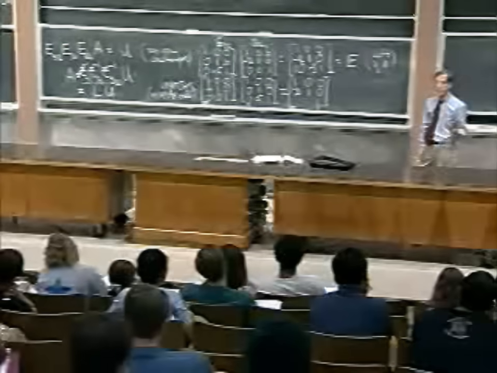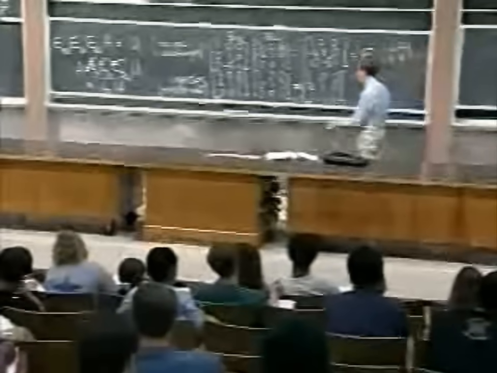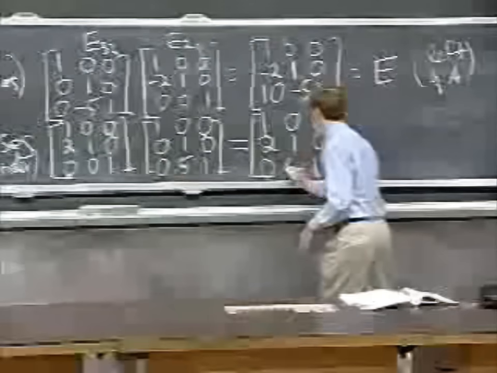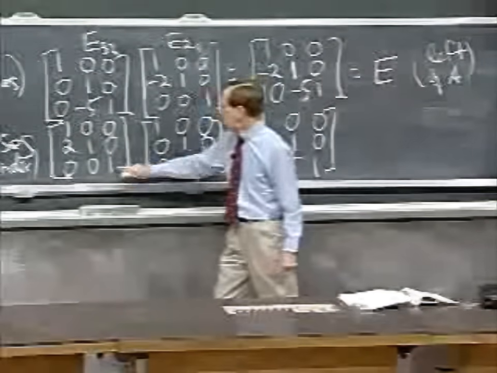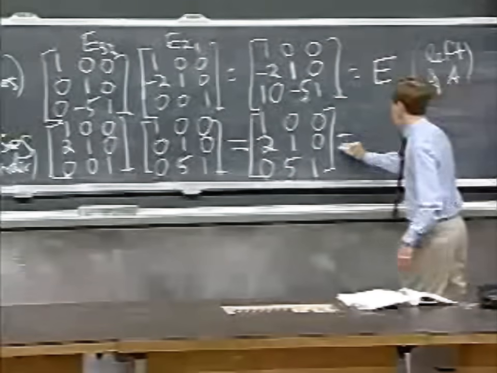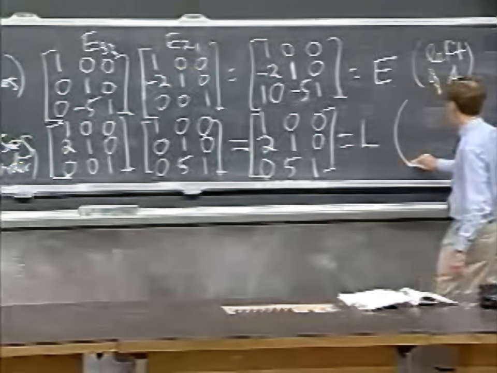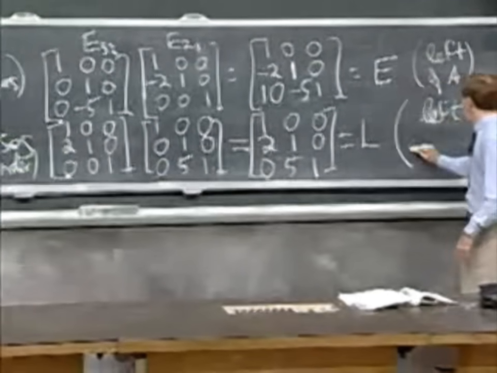Just read it out to me, the third row. 0, 5, 1. Because one way to say this is, take 1 of the last row, and there it is. And this is my matrix L, and it's the one that goes to the left of U.